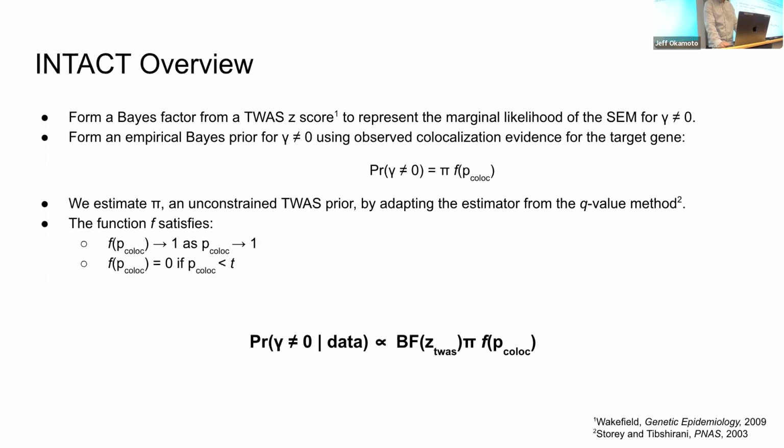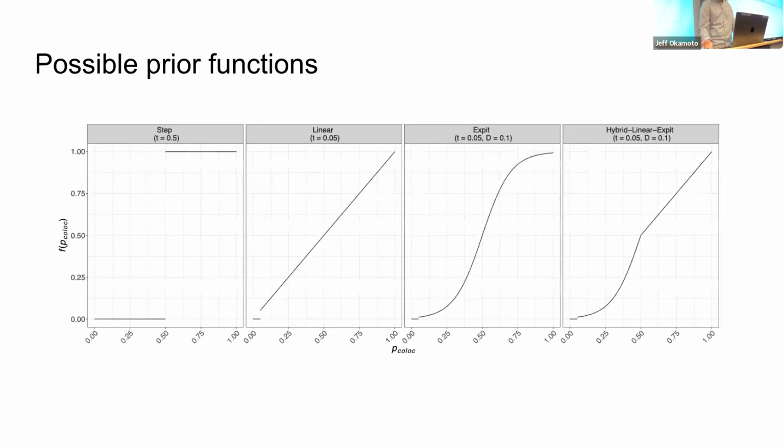So one question you might have is, what exactly do those f functions look like? These are a few examples that are incorporated into our software. On the left, you have the step function, which is sort of analogous to the post hoc processing that we talked about, where you just filter out any TWAS results that have colocalization probability of less than a half.